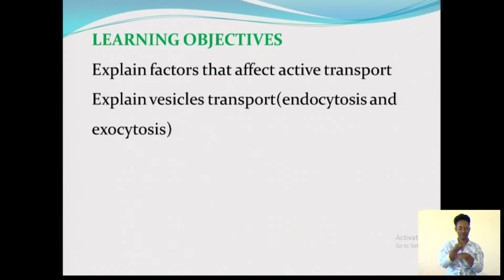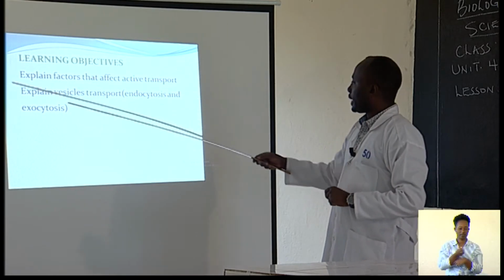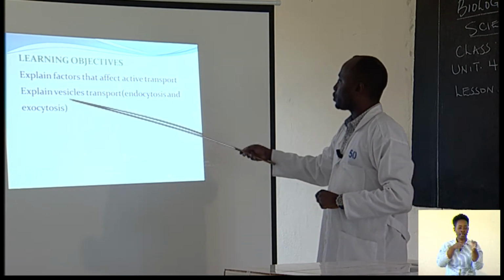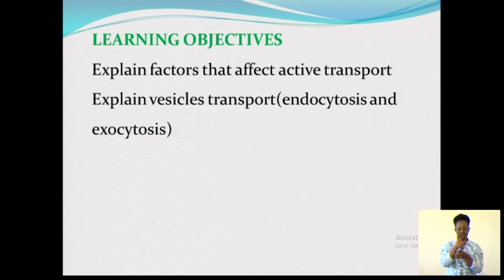I hope everybody remembers what the factors are that can affect active transport. The second learning objective is to explain vesicle transport. Here it means we are going to go through the endocytosis process and the exocytosis process.